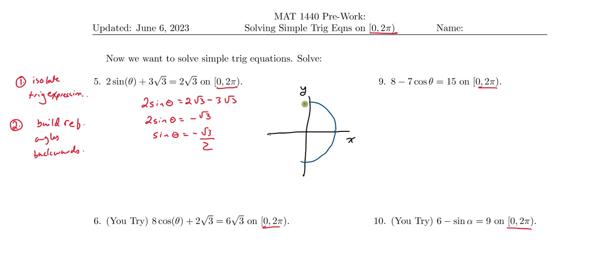And these are just rudimentary. And we want the sine value to be minus square root of 3 over 2. Well, where's that? Minus square root of 3 over 2 for the y value would be down here somewhere. And in fact, minus square root of 3 over 2 would put me right about here. So on the y-axis, if you were to do a decimal approximation of minus square root of 3 over 2, that would put you right about here.